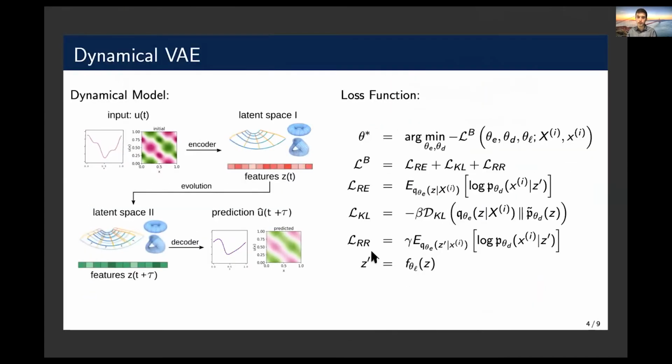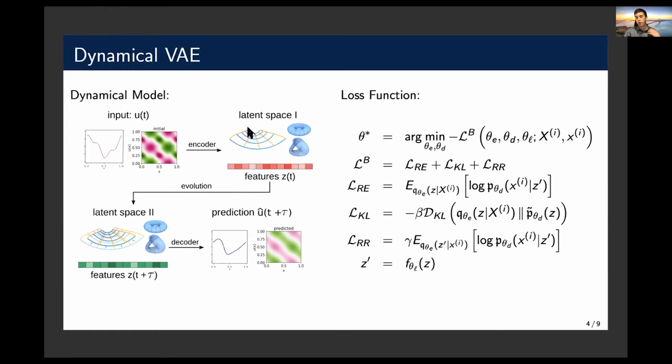So what we suggest for modeling dynamical systems with VAEs can be seen on the left, where we would have some input function at some time, which will be high dimensional, and then we encode it into a low dimensional latent space, which will be simpler and should have smooth dependence upon the input.